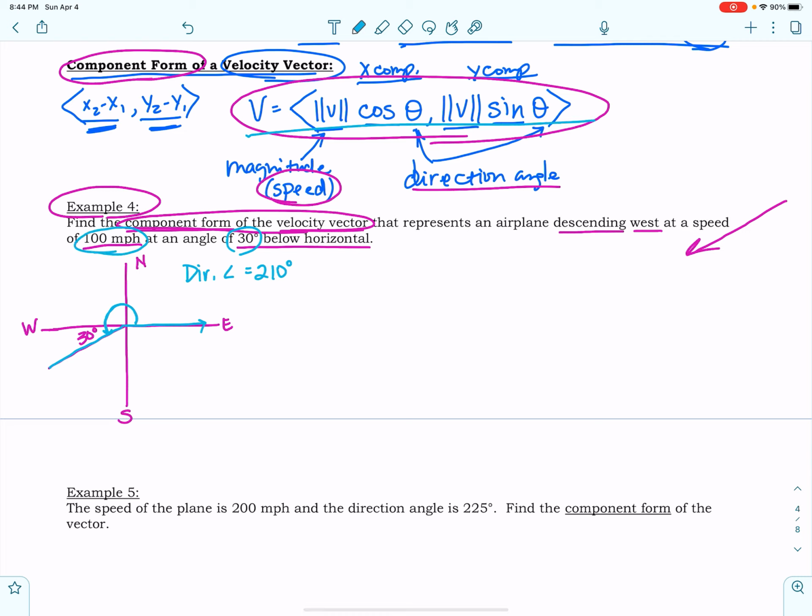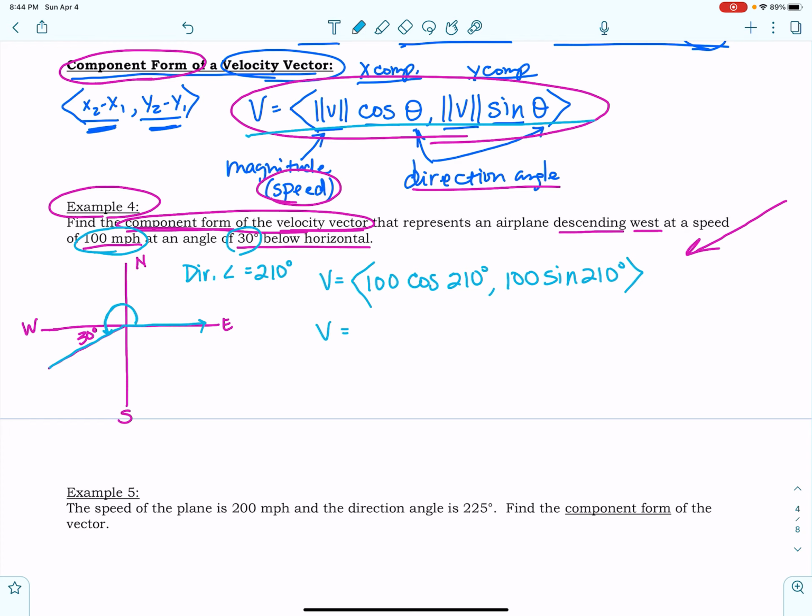I know that the speed is 100 miles per hour. So I'm going to use this format right here. The speed, 100, times the cosine of the direction angle, and 100, the speed, times the sine of the direction angle. This is how I'm going to calculate this.